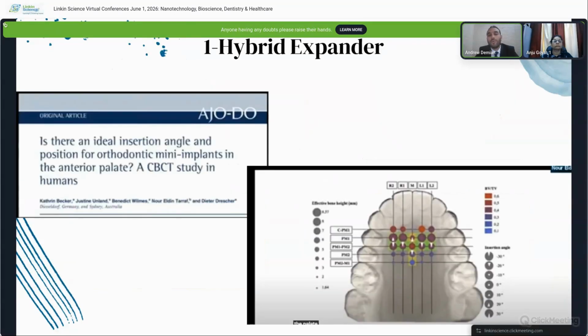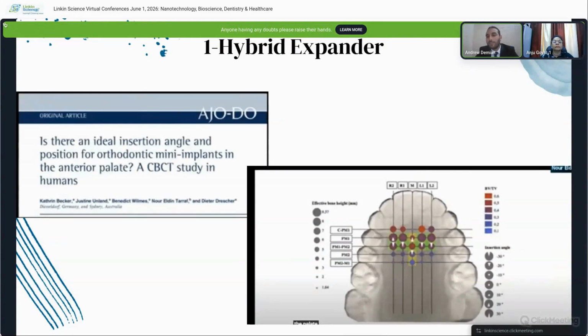So first of all, we needed to see where we could place the mini screws. For the hybrid expander, we relied on a study which says there is a T zone where we have the most bone to place the mini screws, usually at the first premolar region.